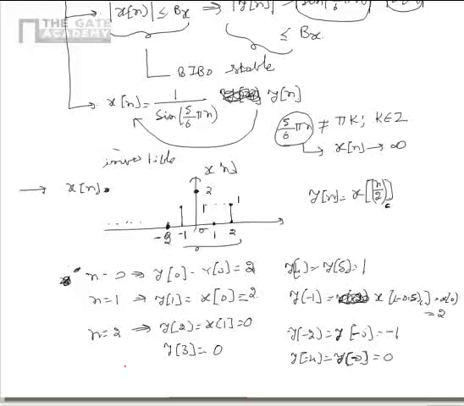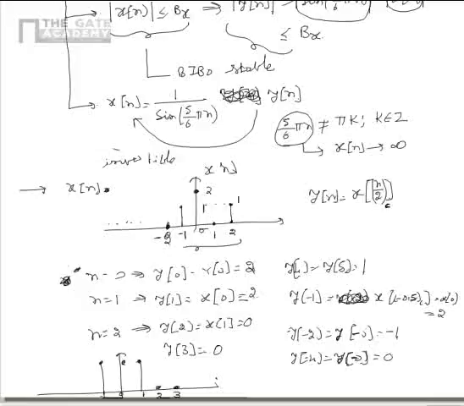From this, we can plot y of n as shown. The y of n has a value of 2 at n equal to 0, 1 and minus 1. At n equal to 2 and 3, the value of y of n is 0.